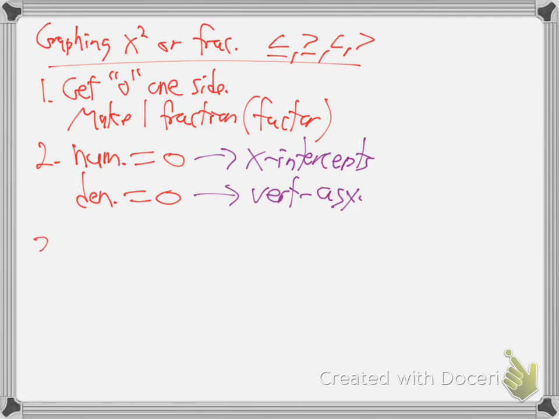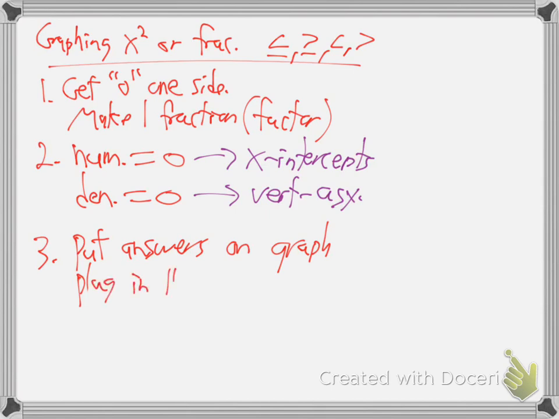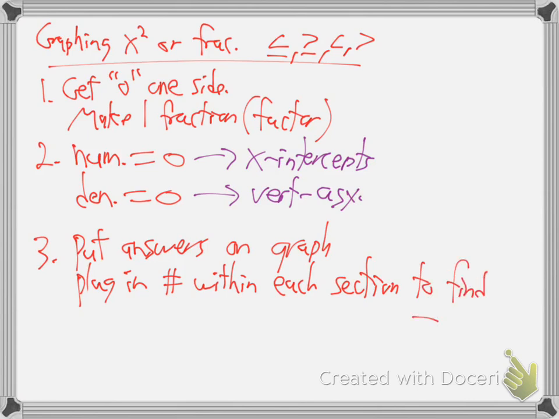And then you go on to step 3: put the answers on the graph and plug in a number within each section to find positive or negative, up or down.